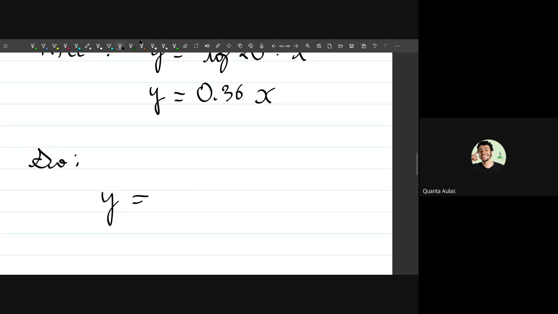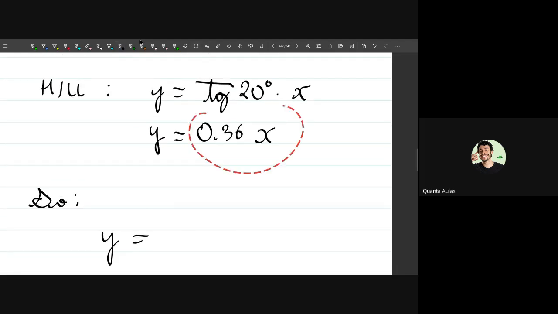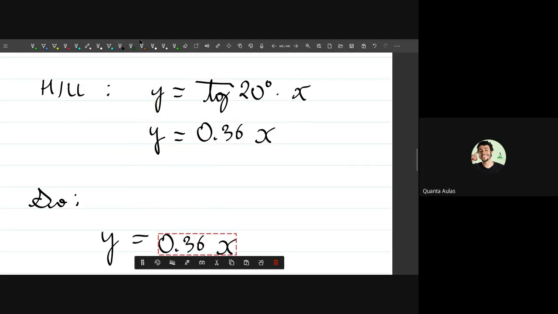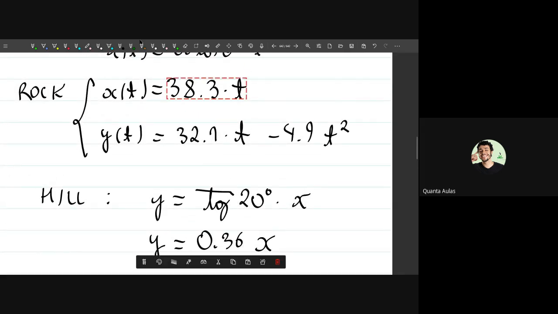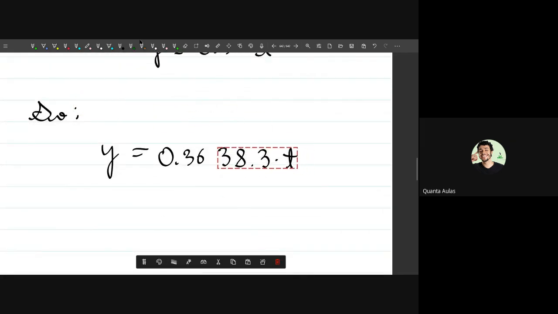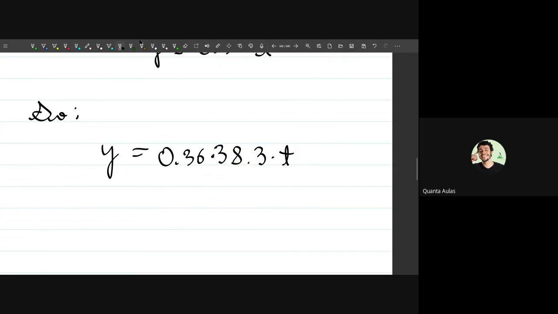Okay, so I will just copy this, and here I will put this equation. We can do the multiplication, and we will have this.